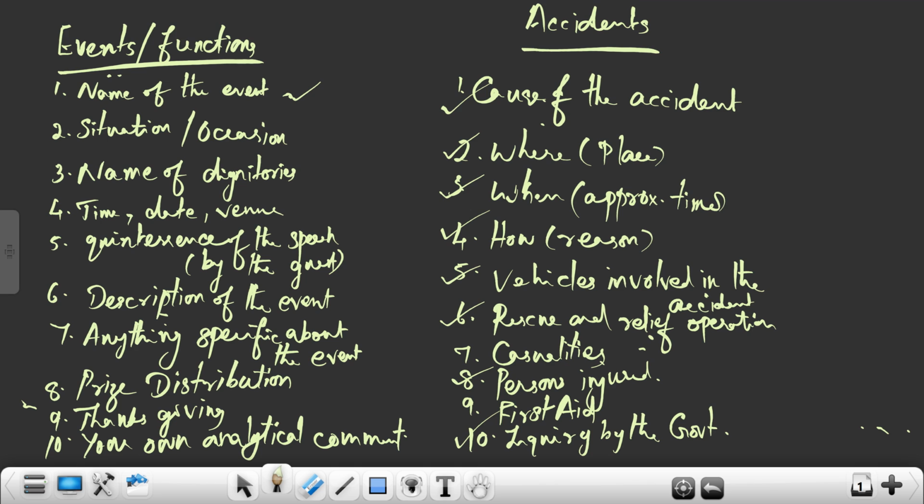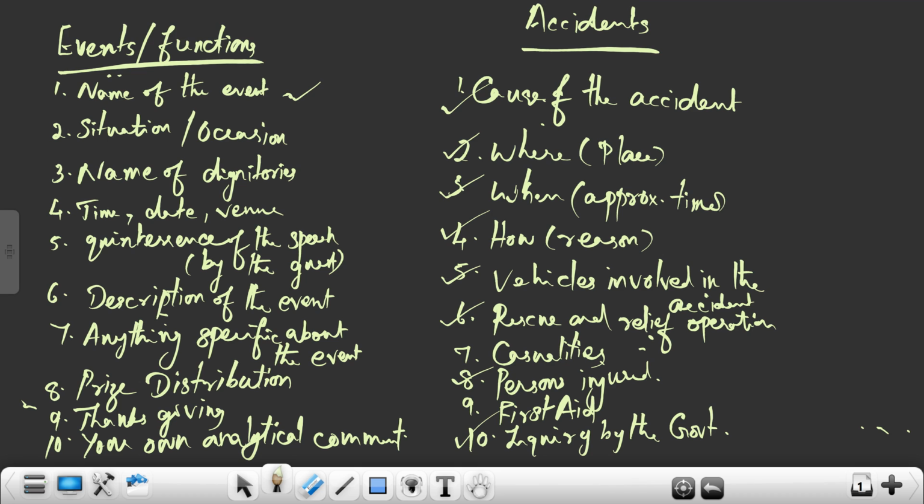And you can also include the announcement by the government, as sometimes the government may announce certain grants to the next of kin of the killed and the injured. The analytical comments by the writer are also expected to be included.